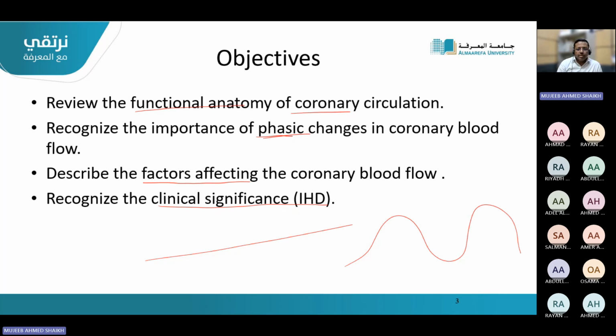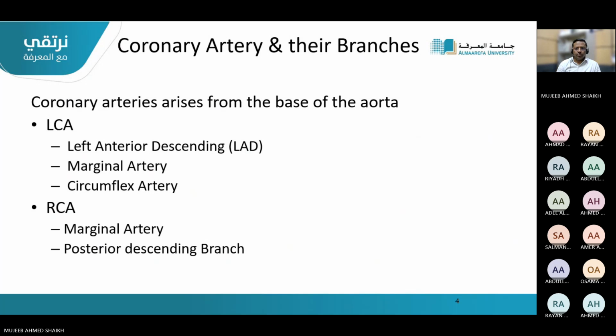At the end of this lecture, everyone should be able to describe briefly the arteries responsible for supplying blood to the heart muscles, the importance of phasic changes in the coronary blood flow, the factors deciding the flow to be more or less, and the importance of coronary circulation in ischemic heart disease.